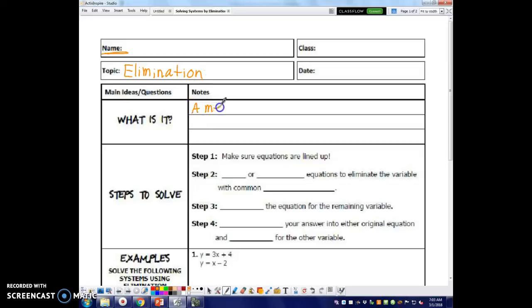It's a method for solving systems of equations by adding or subtracting to eliminate a variable.